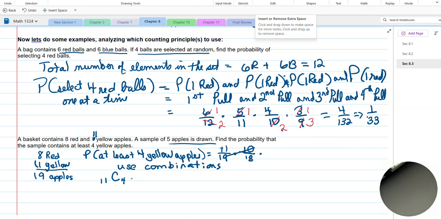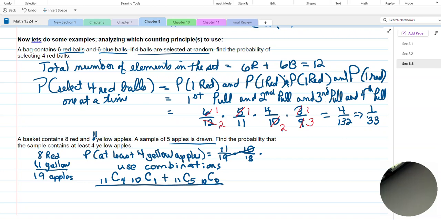Oh, okay. So 10, choose 1. All right. So then we can have at least 4. Now I want 5. And then I have 6. No, 5 is the extent, right? 5 apples drawn. Okay. So this is what I have over, because we want probability. The total is 19, choose 5.